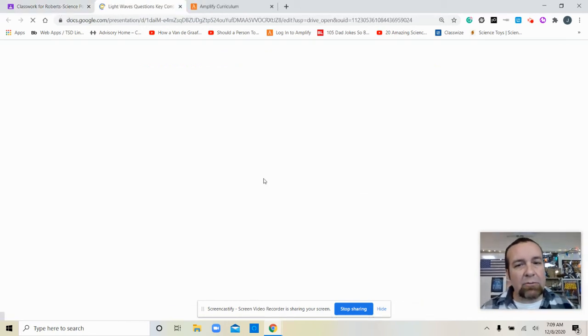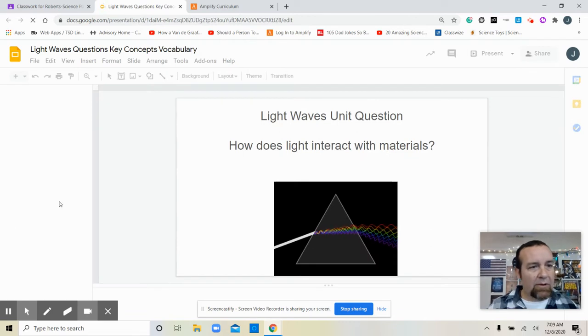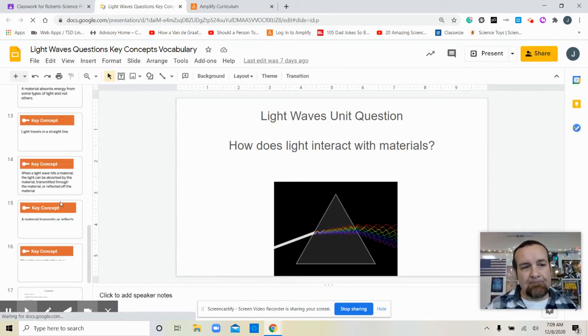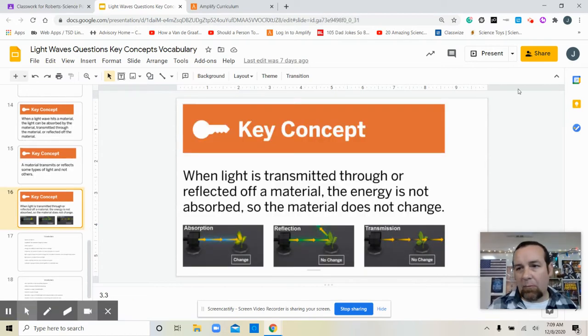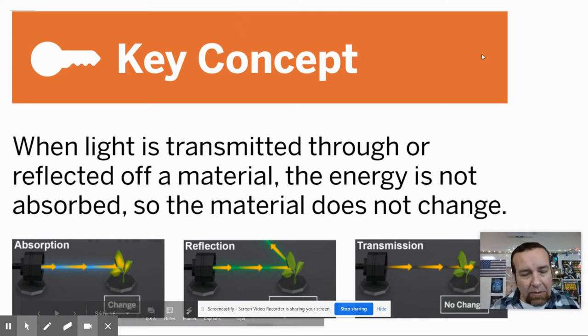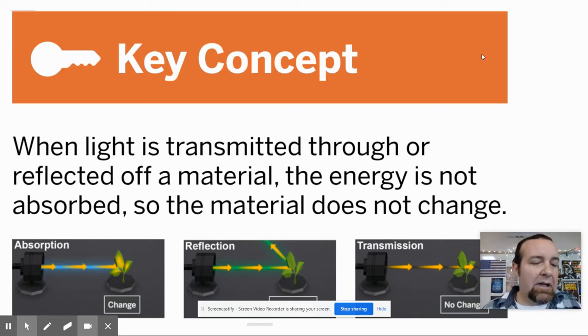I do want to very quickly, before we start this lesson, cover a key concept that I think everyone needs to know. And it's right here, friends. So remember, light can do one of three things when it interacts or doesn't interact with a material, right? It can be absorbed, and in that case, we will see a change because it's taking in energy.